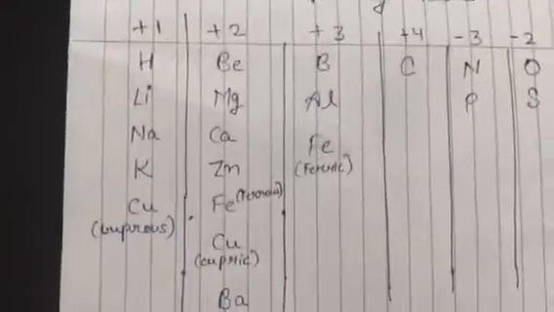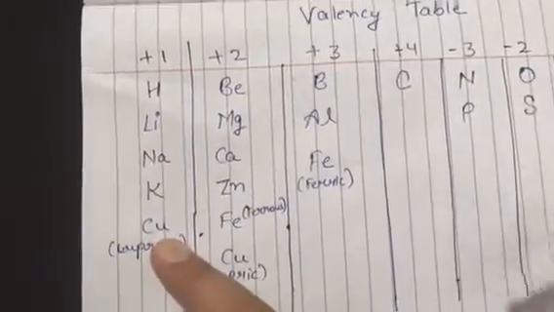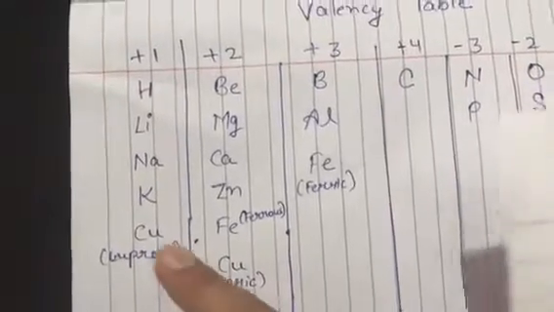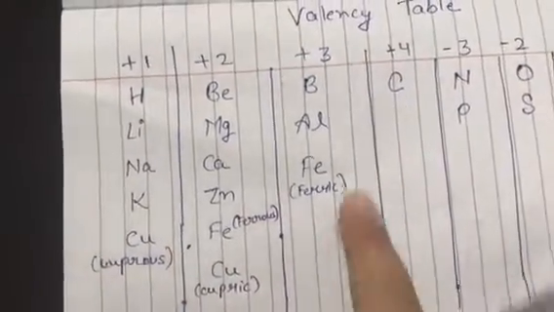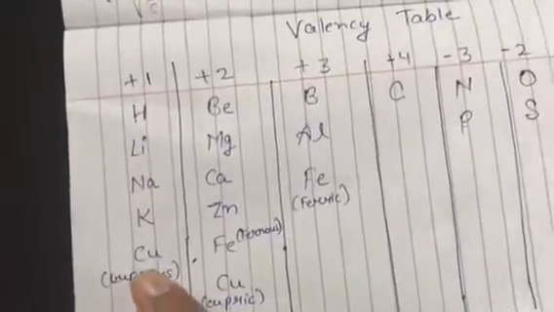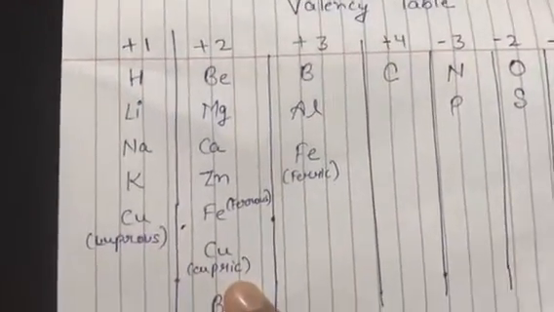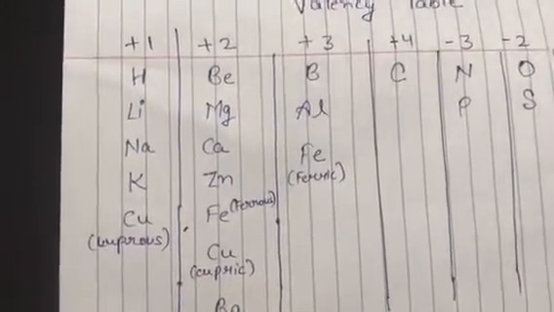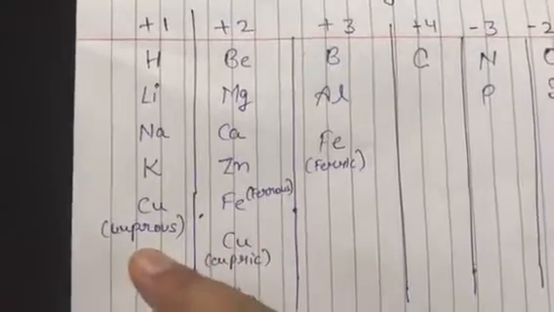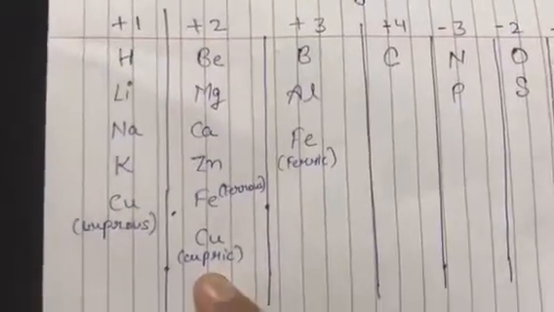So hydrogen, lithium, sodium, potassium, and copper. Why did I write this? Actually, copper has 2 oxidation states. Copper has +1 as well as +2 oxidation state. So how will it differ? For +1 oxidation state, it is known by the name cuprous, and for +2 oxidation state, it has the name cupric.